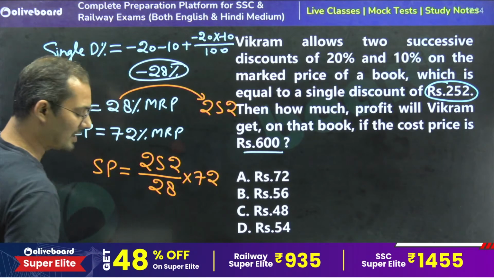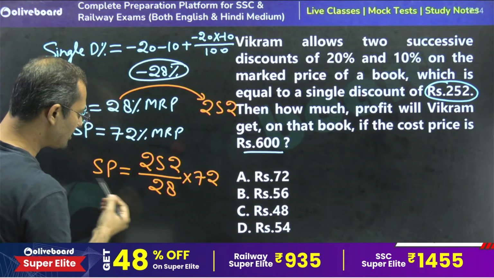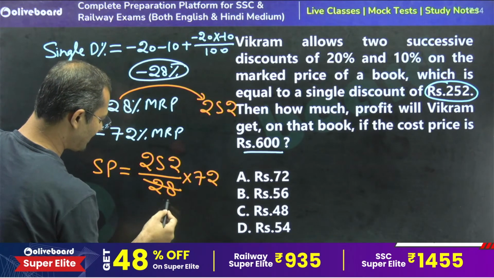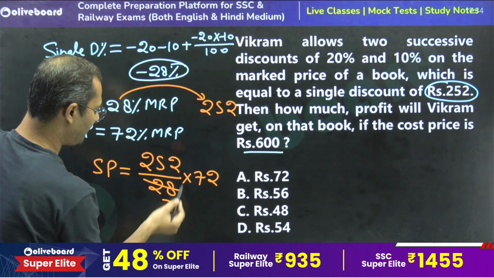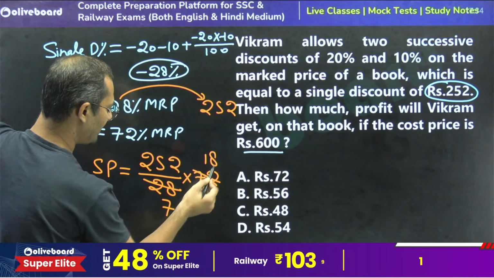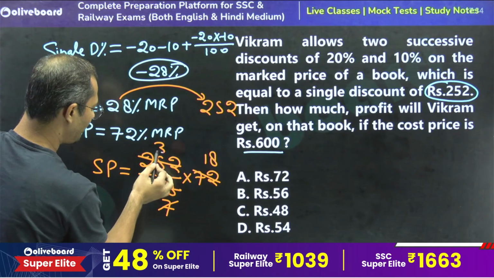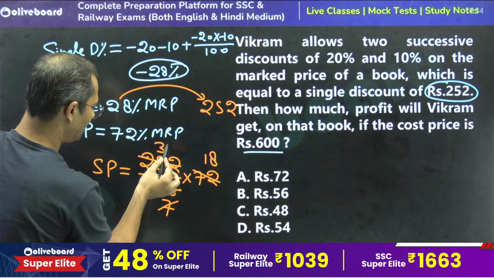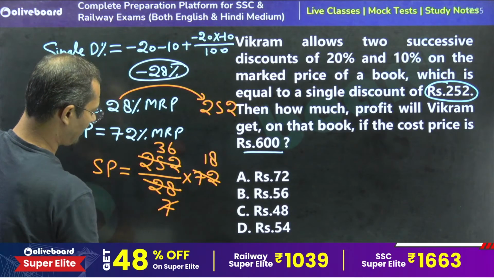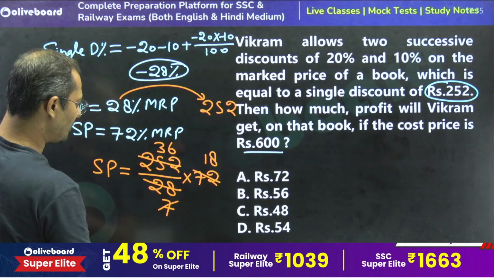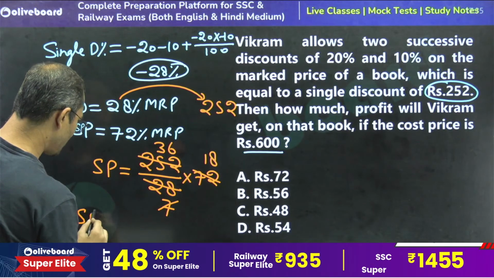By 4 this is cancelled 7 times, by 4 this is cancelled 18 times, and by 7 this is cancelled: 7 threes are 21 and 7 sixes are 42.